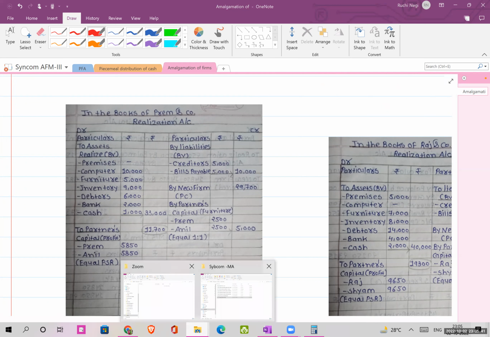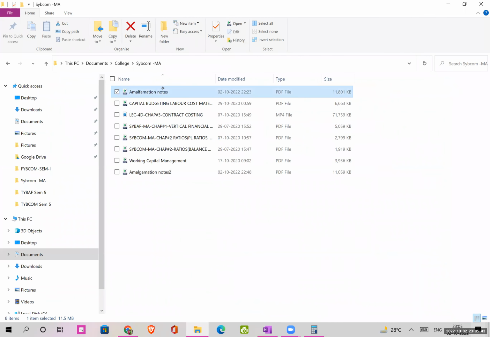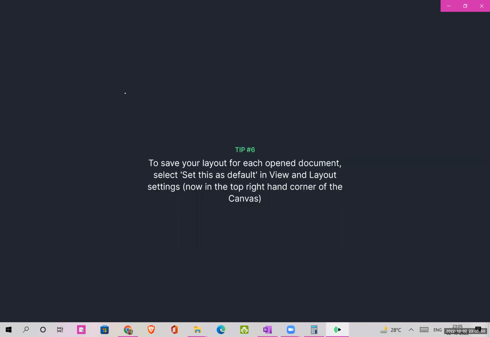Okay. So while understanding this, just a minute. I'll take you to the PC calculation part. So the idea is what? It is total assets minus total liabilities. Okay.